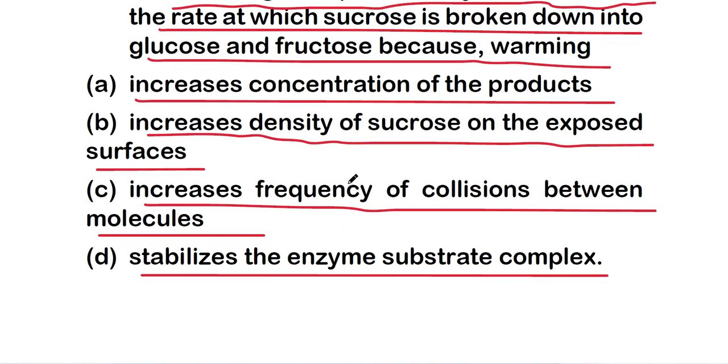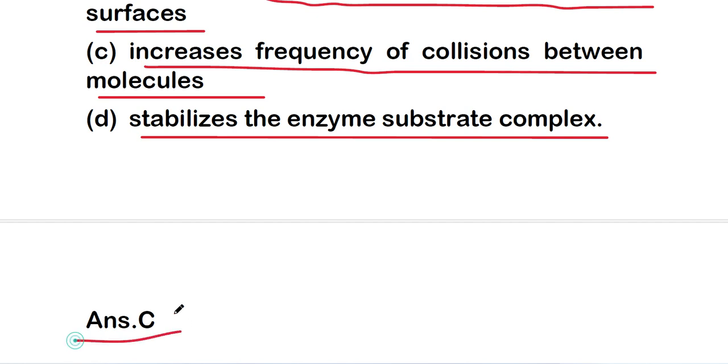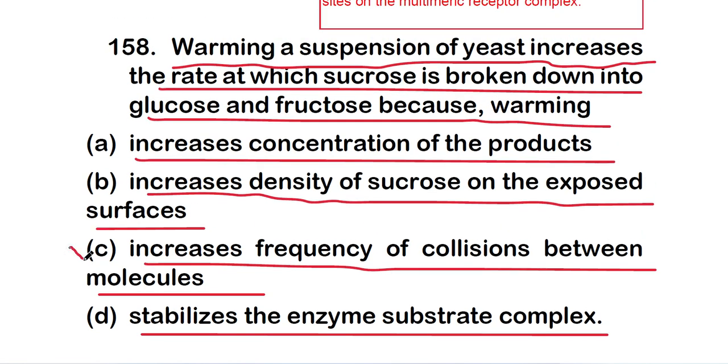So the right one is option C, that is, increases frequency of collisions between molecules. So warming a suspension of yeast increases the rate at which sucrose is broken down into glucose and fructose because warming increases the frequency of collisions between molecules.